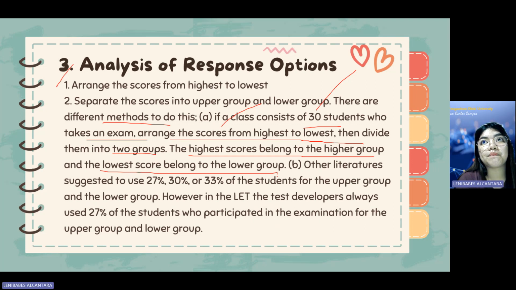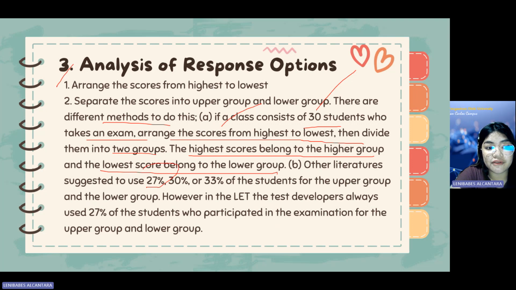Yung pang 15, 40, pang 16, 40, pang 17, 40 din. Regardless kung nag-tie sila, basta yung pang 15, 15 yung kunin mo sa upper group, 15 din sa lower group. Okay? Now, other literatures, ito na yung sinasabi ko sa inyo nagiging constant, depende yun sa manual.